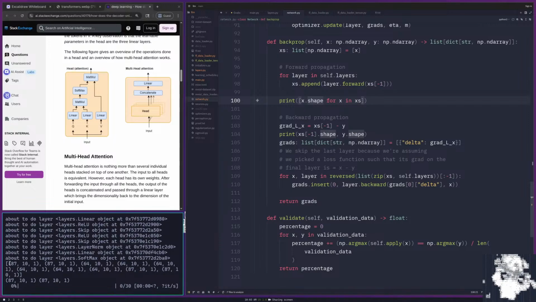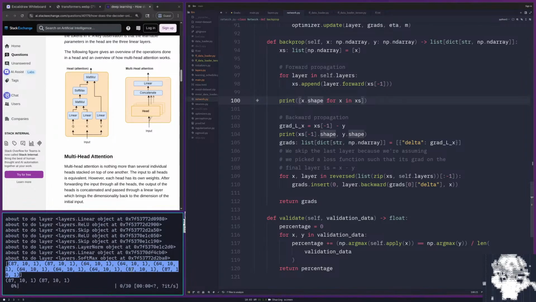So here's the shapes of the activations all the way through. At the end, we have 87, 10, 1.